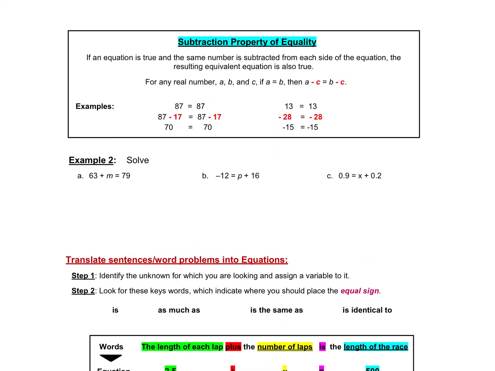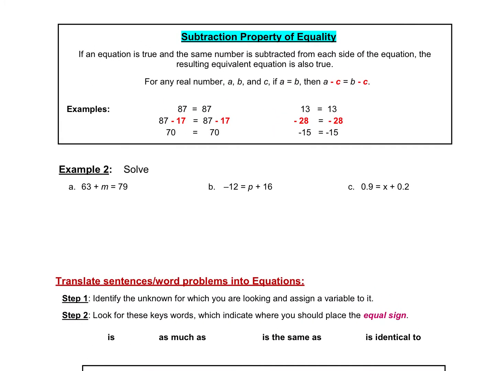Okay, next we have the subtraction property of equality, and that works exactly the same way as the addition property of equality. The only difference is now if we have something being added to the variable, we're going to do the opposite. We're going to undo that by subtracting that number. Remember, I highlight the variable that I'm solving for. I'm trying to get m alone.